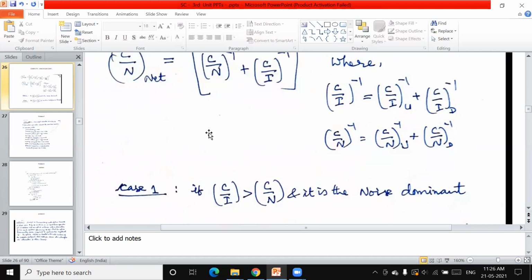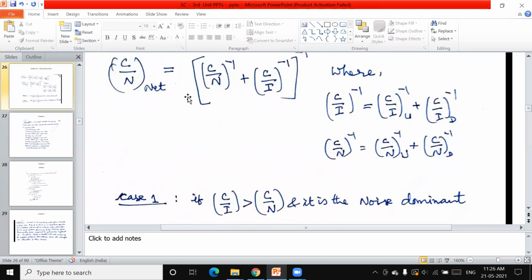These are the two terms for the net carrier to noise power. Case one: C by I is greater than C by N. The net C by N is equal to C by N inverse plus C by I inverse.